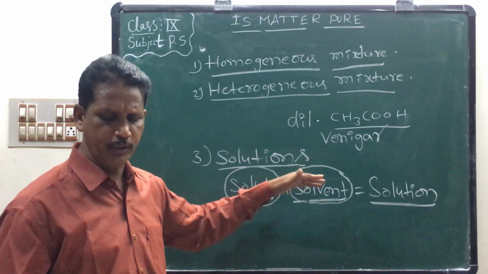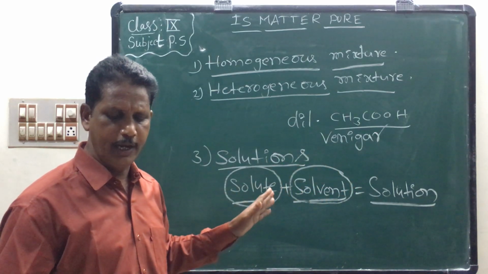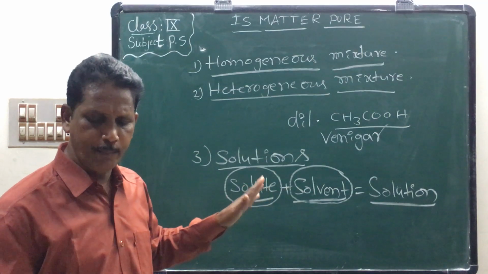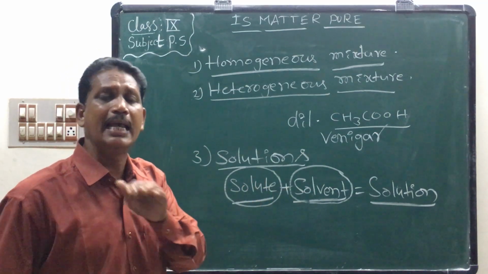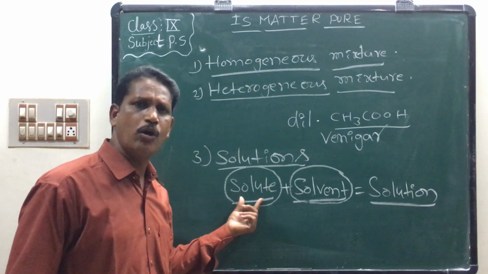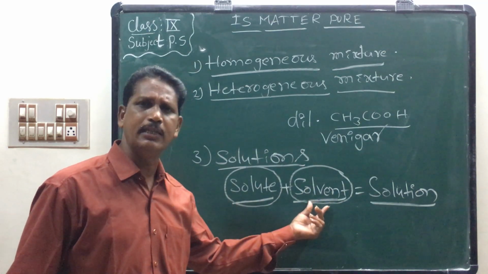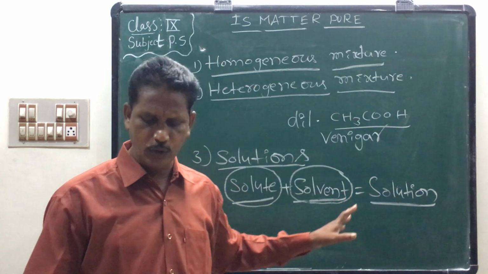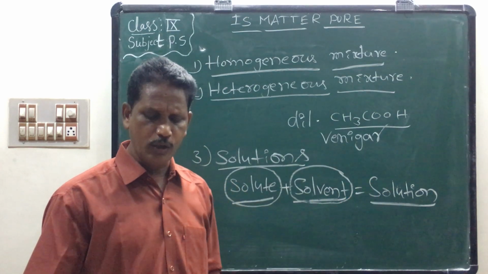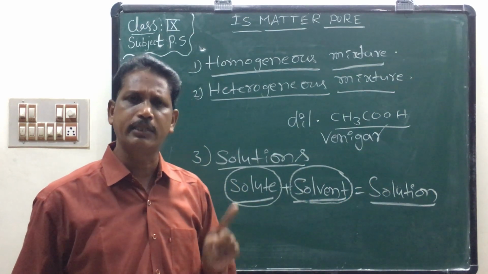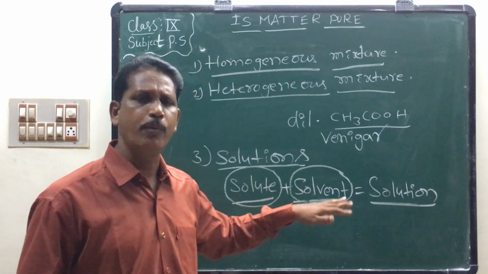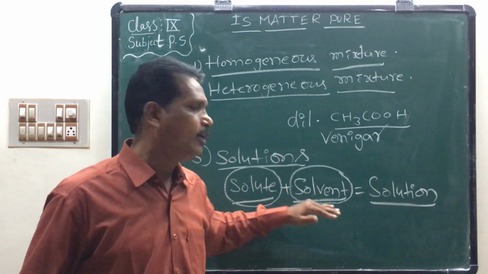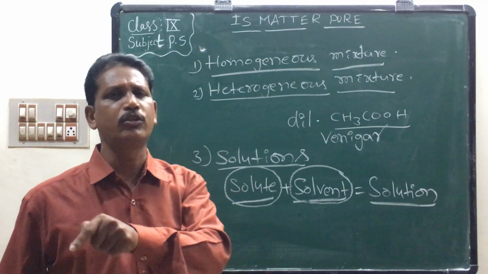The component of the solution that dissolves in the other is usually the lesser quantity. Solute is a lesser quantity in solution. Solvent is a larger quantity in solution. Salt is mixed with water.